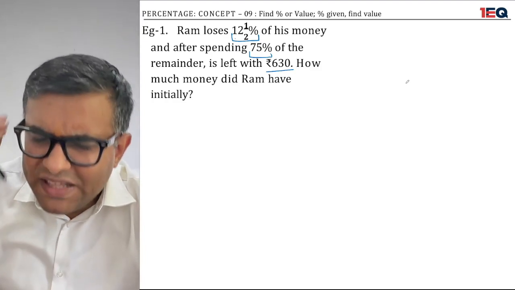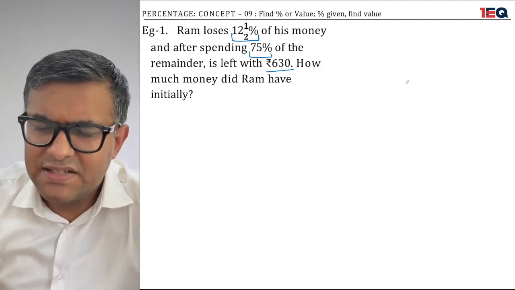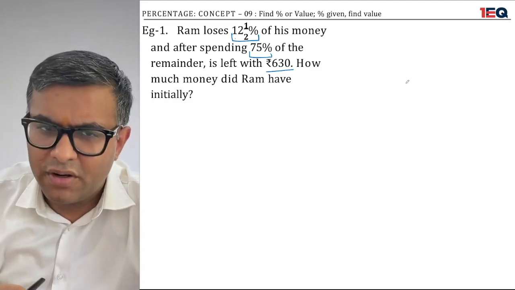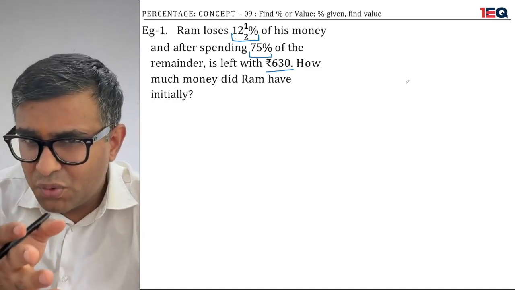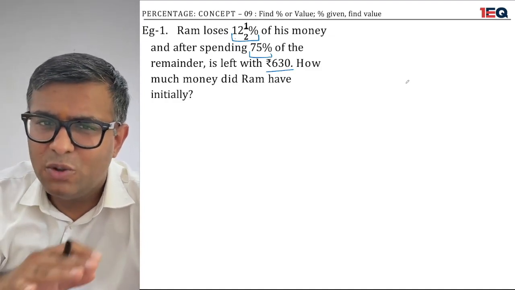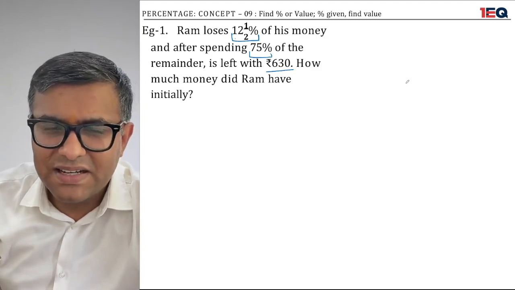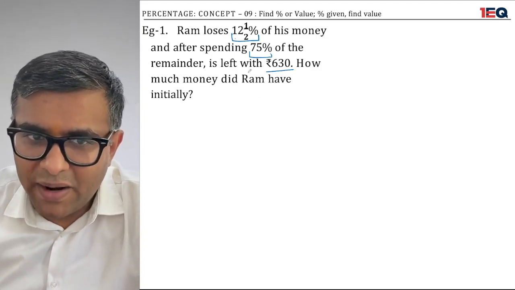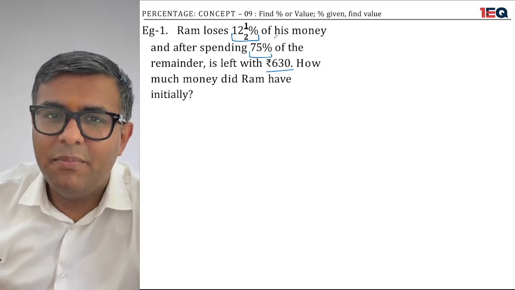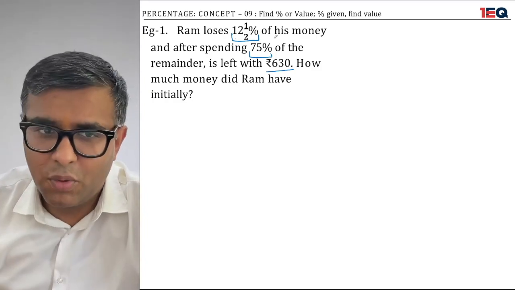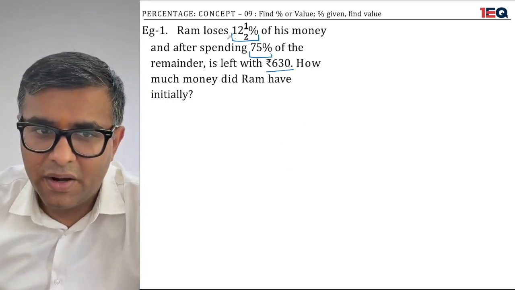Okay, please remember these percentages. They are vital, they are very important for you. 12.5%, if you do it with the unitary method or something, you will be slayed in the examination. 12.5% is the key, and from 12.5 I have to derive 1 by 8. That is the most important part over here.